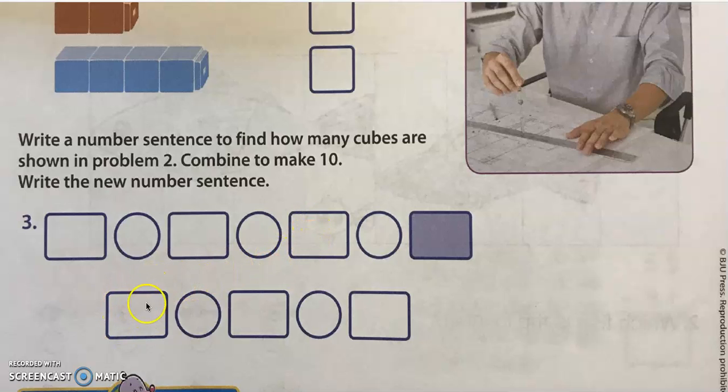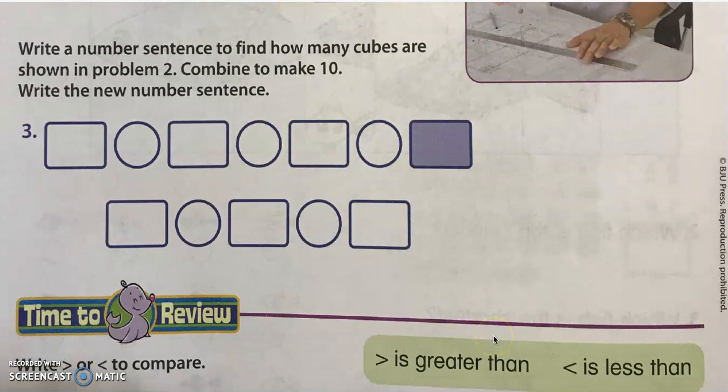So let's write 10 over here plus 2 equals 10 plus 2 equals 12, right? We just combined these two numbers to make 10, and we wrote a new number sentence. Great.